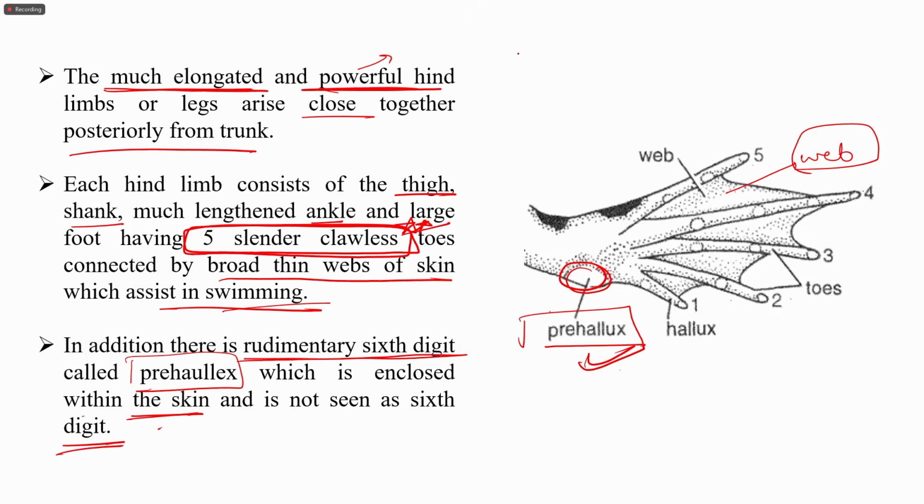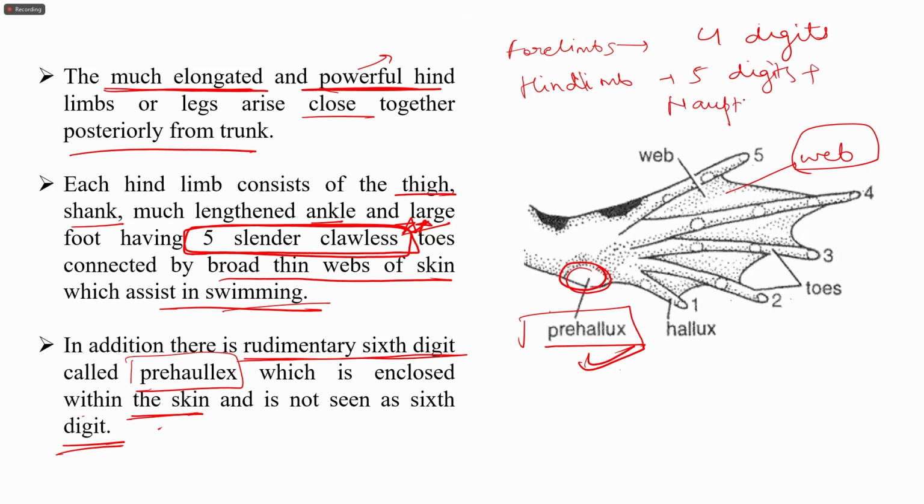One thing that we need to remember is that in forelimbs we have 4 digits without web. In the hind limb we have 5 digits with web, which is the skin structure.